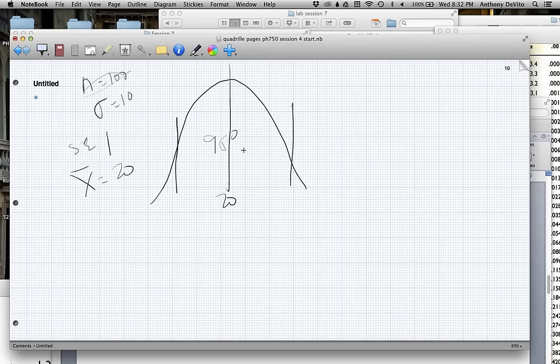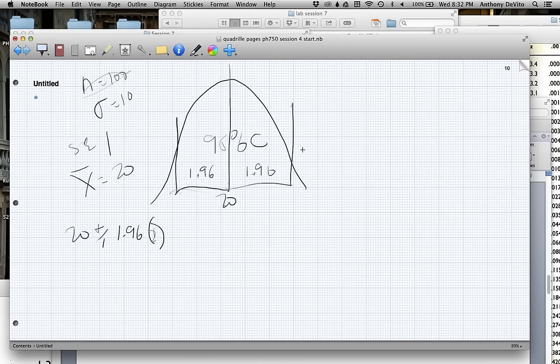My 95% confidence interval is 20 plus or minus 1.96 times 1, as it happens here. If the standard error had been 2, it would be 1.96 times 2.